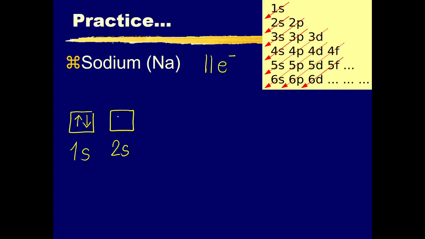Then you fill it up, arrow down. We have 4 electrons now. What is next to 2s? 2p. And how many boxes will you draw? Three, because it's a p subshell. And let's count. How many electrons are missing from the 4 to make it 11?